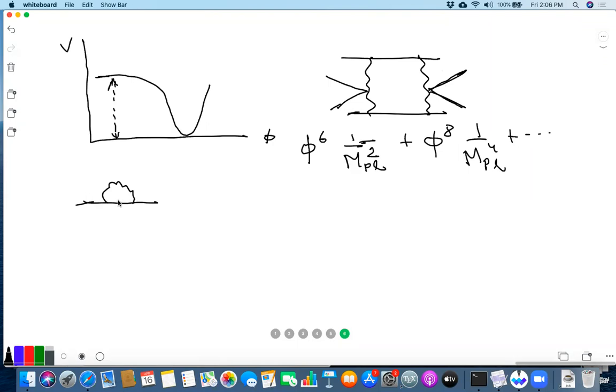Typically what will happen is that if you try to do this calculation explicitly, unless there is a symmetry that prevents the scalar from being light, this will also drive the scalar masses to m Planck squared, m Planck. But then in the theory of renormalization, you say that, okay, that's not what I observed. The scalar mass is what you observe, which is the result of the original scalar mass plus all these corrections.